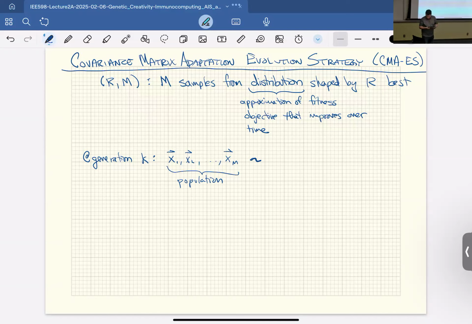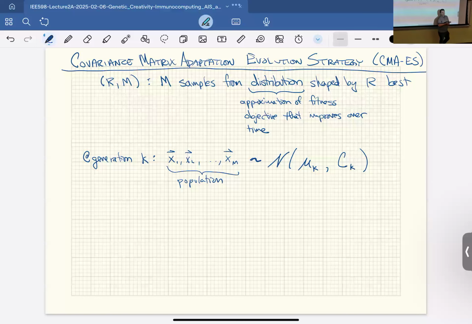I sample them from a multivariate normal, so a normal distribution, which is centered around a mean, which I'll describe here in just a second, with some covariance matrix. As a review, in a normal distribution you've got a mean and a variance.